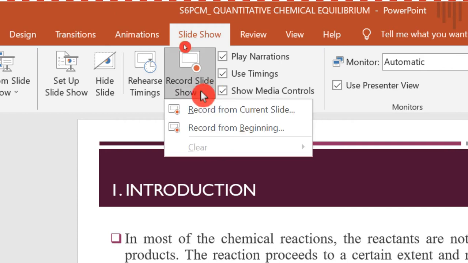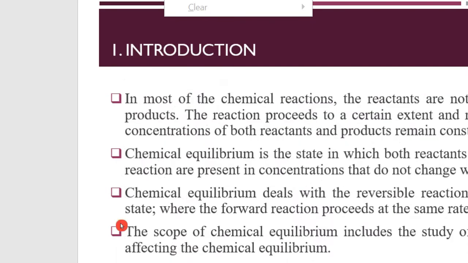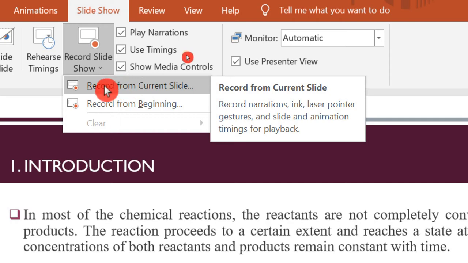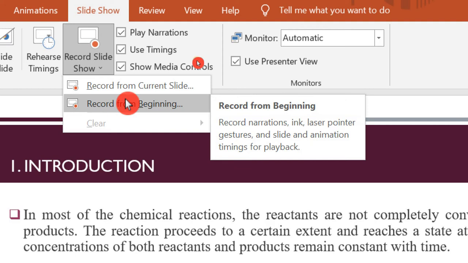Here you can click on this arrow to record from the beginning, or to record from the current slide. You can record from the current slide if you want to start from any slide, or you can do it from the beginning. In this video we're going to record from the beginning, so here you click on Record from the beginning.